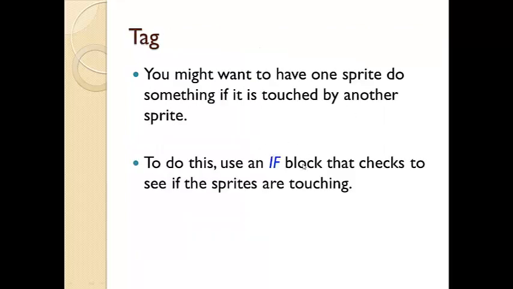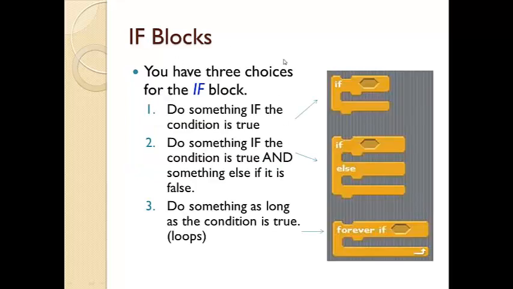Now, in order to have a tag game, you're going to want to see if your one sprite is touching the other sprite to find out whether or not they've been tagged. So we're going to use an if block for that. The if block has three different options, and the first one is if, and then this little area here is for a block that's going to return either true or false.